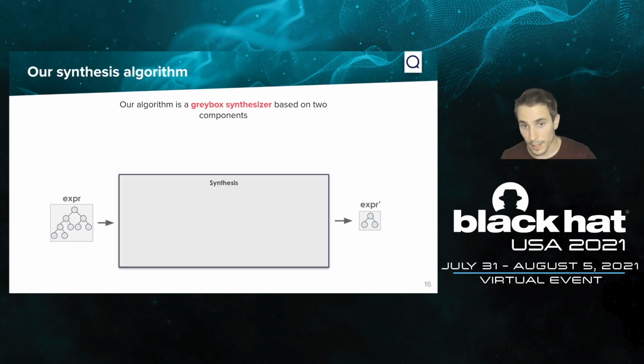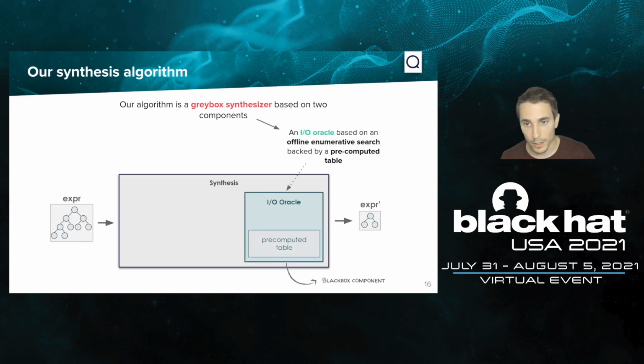Our Greybox synthesizer takes ASTs of expressions as input. That's really the input of the synthesizer. We have a huge AST and we want to obtain something smaller. It's based on two components: the input-output oracle, which is our main contribution in terms of synthesis. That's the black box component, and I'm going to describe it.